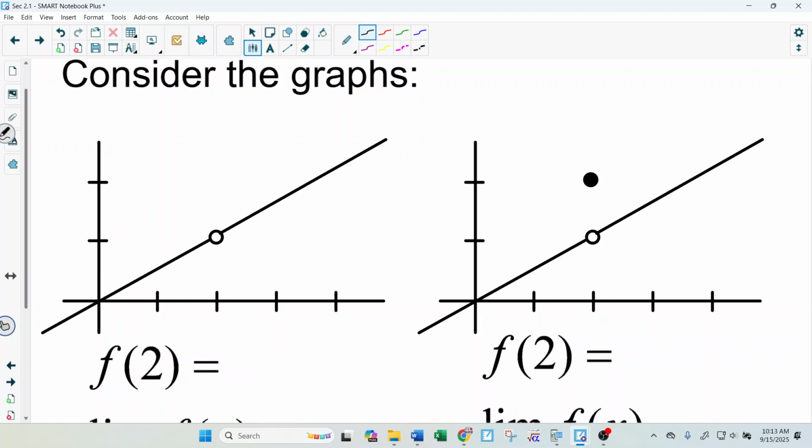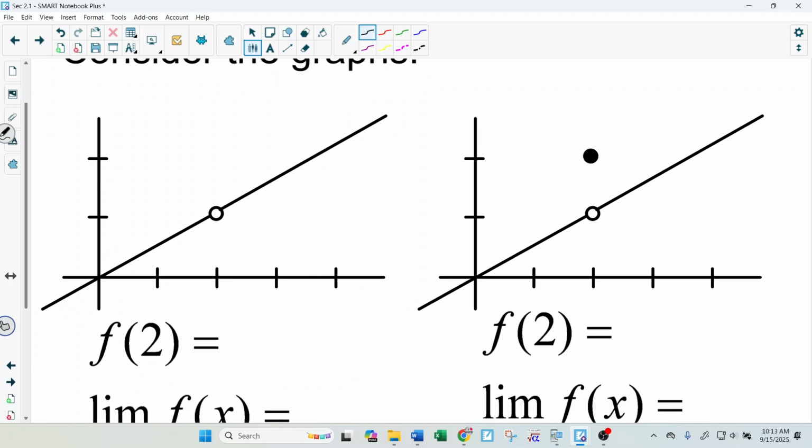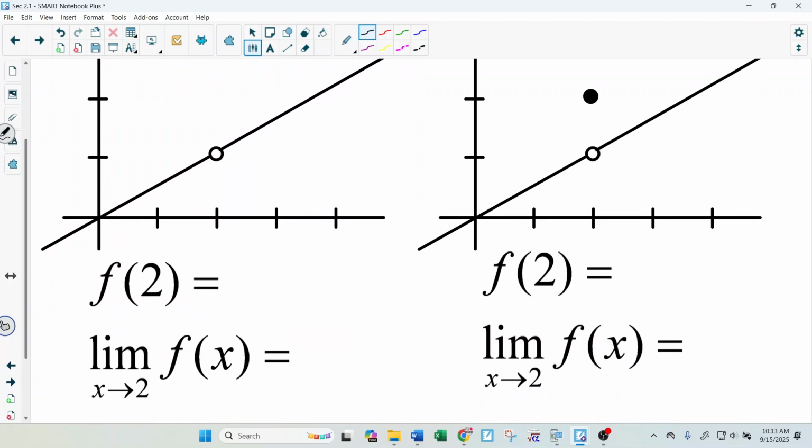But, all right. Let's consider these graphs. I have them. So if we consider these two graphs, let's look over here on the left. What is f of 2 on this graph?